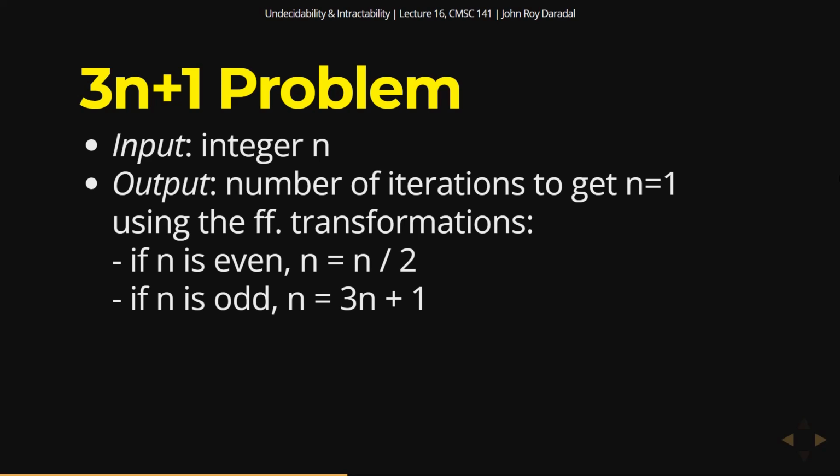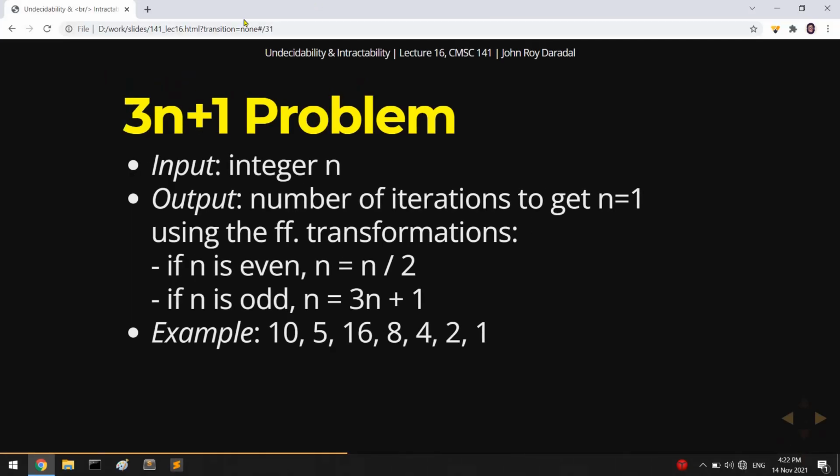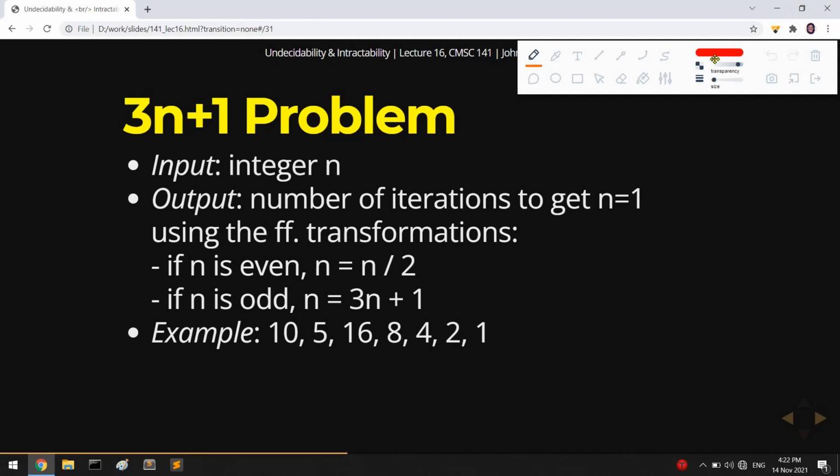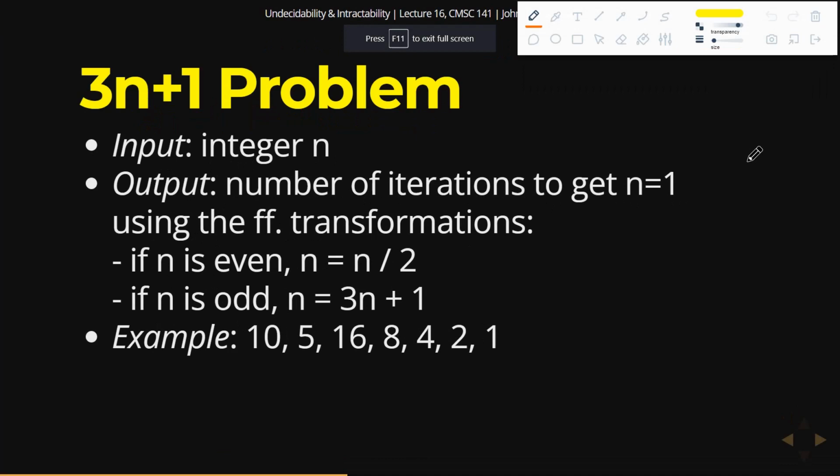Okay, so let's see an example. Let's say n is 10. 10 is even, so we'll divide it by 2, which makes it 5. 5 is odd, so we'll apply 3n plus 1. 3 times 5 is 15, plus 1, 16. 16 is even, so we'll divide it by 2, 8. 8 is even, divide by 2, 4. 4 is even, divide by 2, 2. 2 is even, divide by 2, 1.